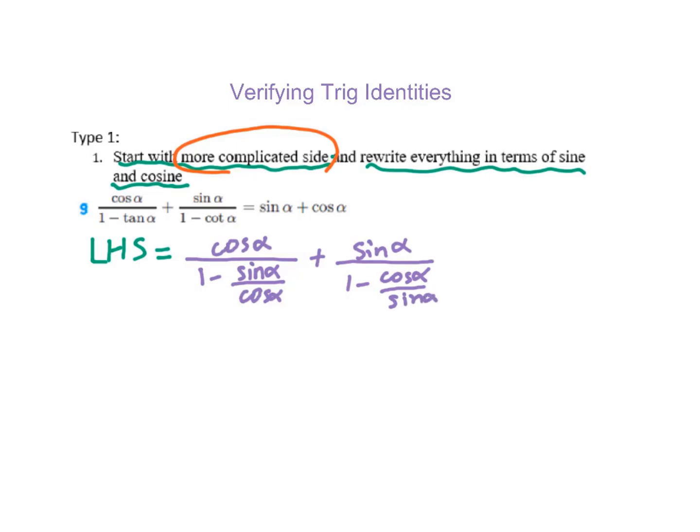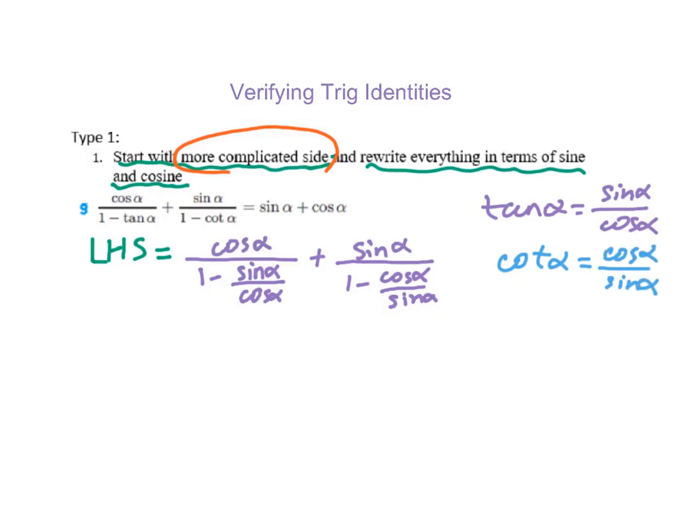So remember, tangent alpha equals sin alpha over cosine alpha, and cotangent alpha equals cosine alpha over sin alpha.